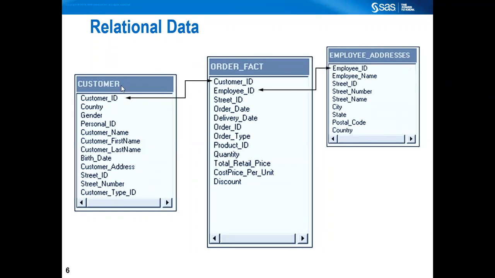So if you want to know whether customer, order fact, and employee are all connected to each other, they are not all directly connected, like customer and address. There is no common column in both of them.